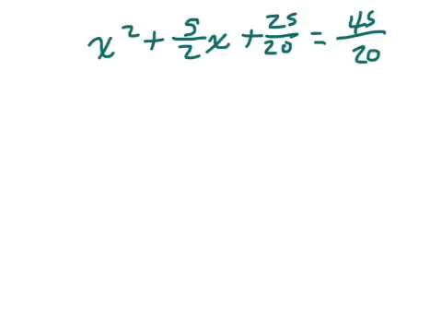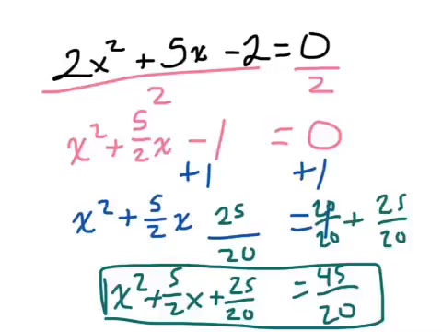So here's our polynomial. Now this might seem like it might be a little difficult to factor out. However, we already know the perfect square of 25 over 20ths. We squared something to get that.